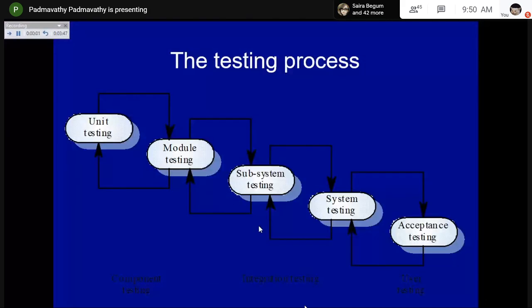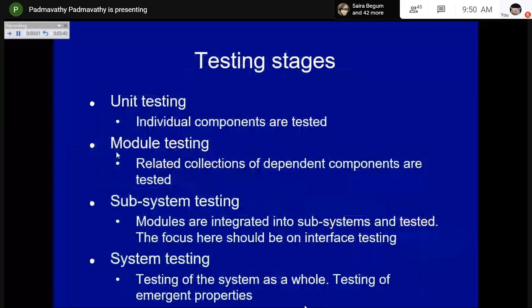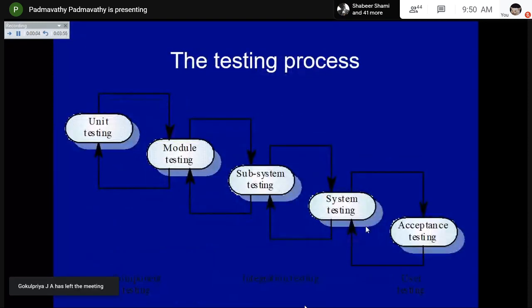So unit testing is done, then module testing, then subsystem testing, then complete system testing, and acceptance testing. Initially unit testing and module testing are done for the individual components. Then the subsystem testing and system testing are done by integrating the different components.